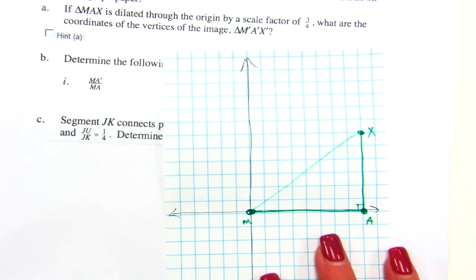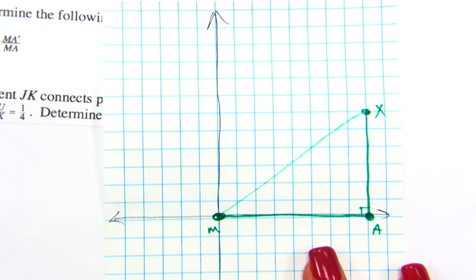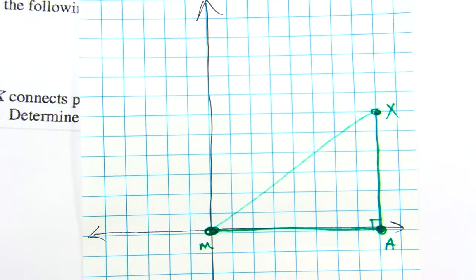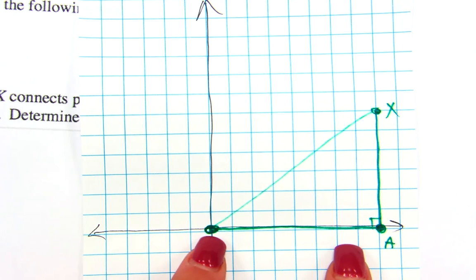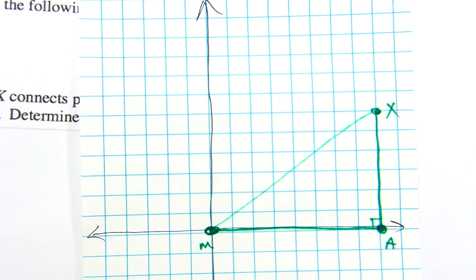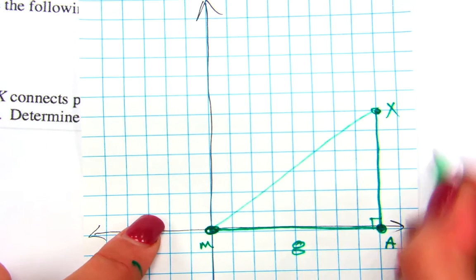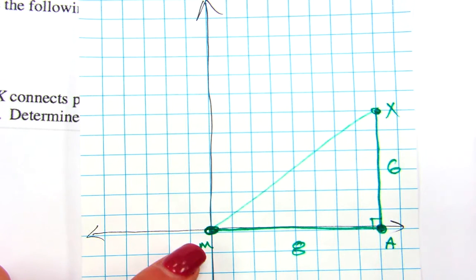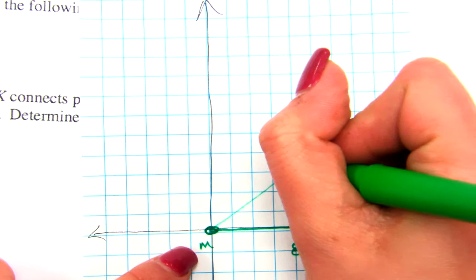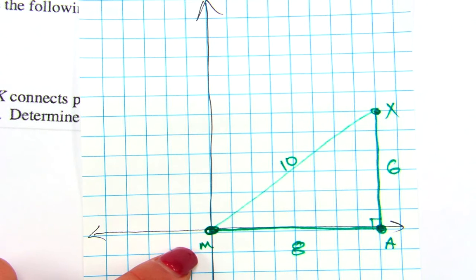So what we're going to do really quickly is work to figure out how to get those coordinates without getting too crazy. The first thing is it's a scale factor of 3/4. So that basically means your next triangle is going to shrink off of your green one. It's not going to expand. It's going to get smaller. If you take the sides of this, so this was 8, this was 6, and then do your leg squared plus leg squared equals hypotenuse squared, you should get that this has a length of 10.